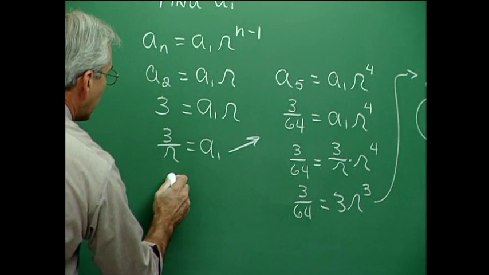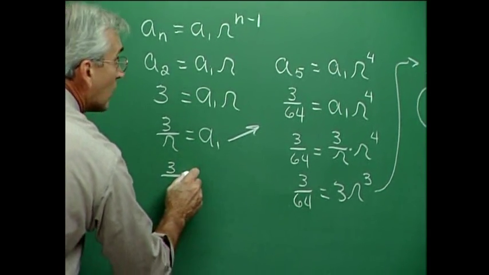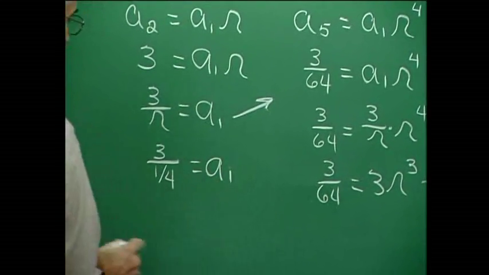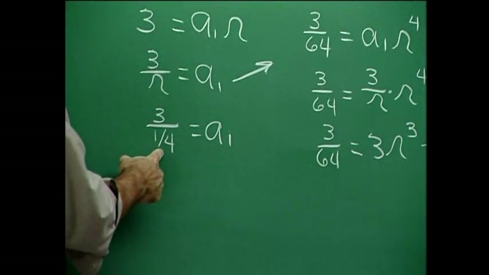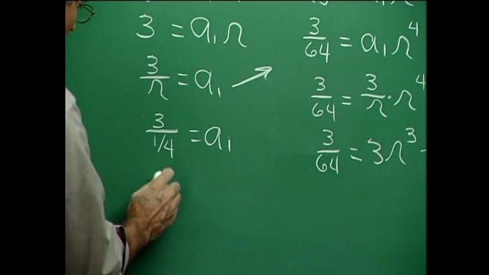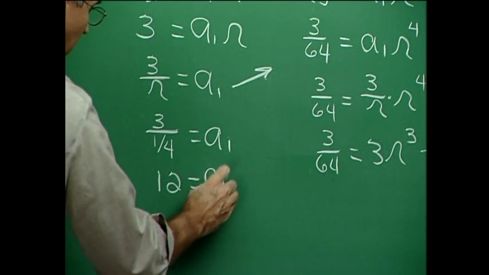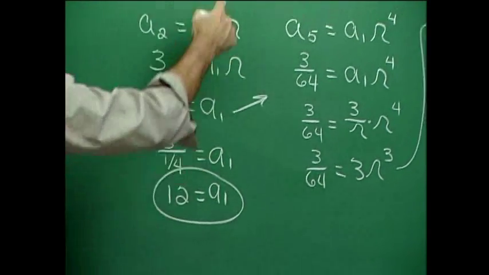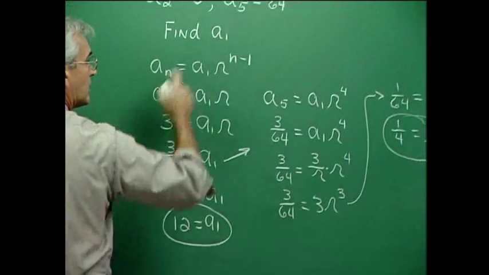This is 3 over, let's see, r was 1/4. Now, 3 divided by 1/4 is 3 times 4 over 1, that's 12. So a sub 1 is 12. Now, it turns out that this is what I was looking for. I was looking for the value of a sub 1 in this problem.